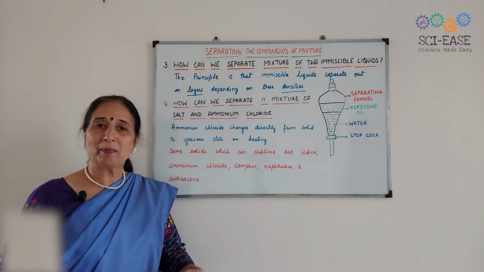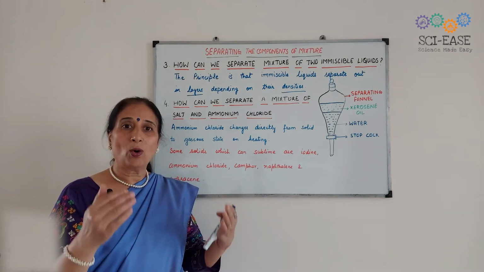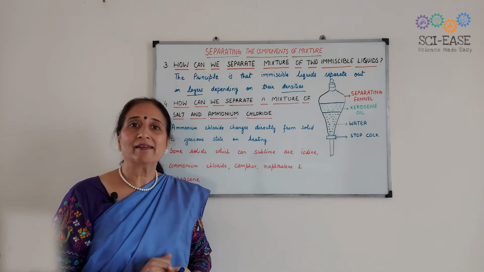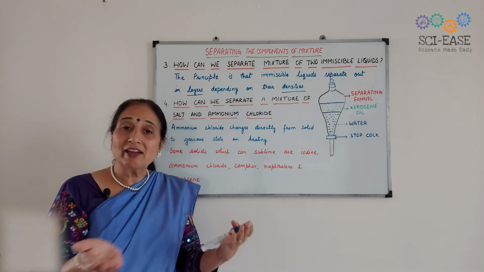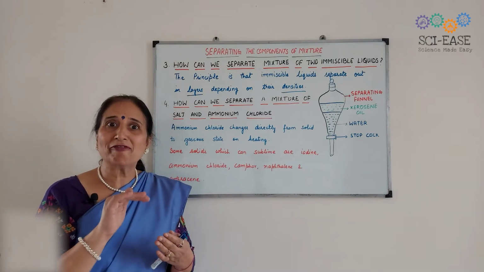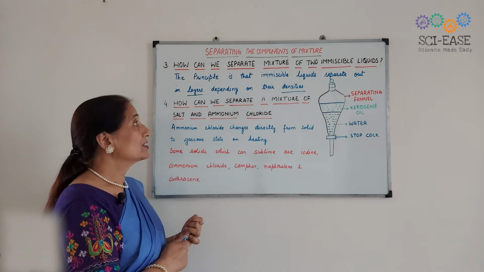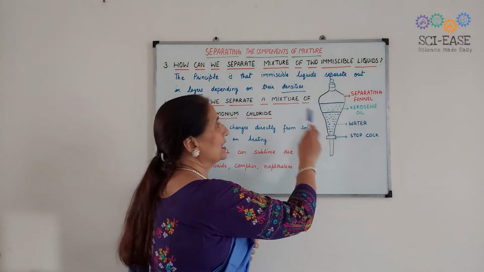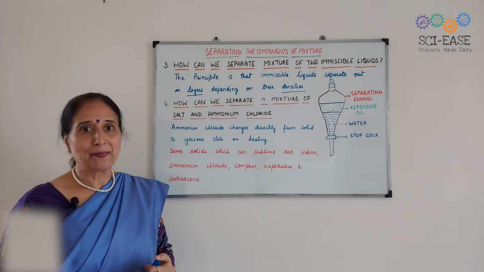When we take a bath, sometimes we put oil on our skin and a few drops are there in the bucket. They will float. They will form a different layer. So depending on the density of the liquids, we can separate two immiscible liquids by this method.